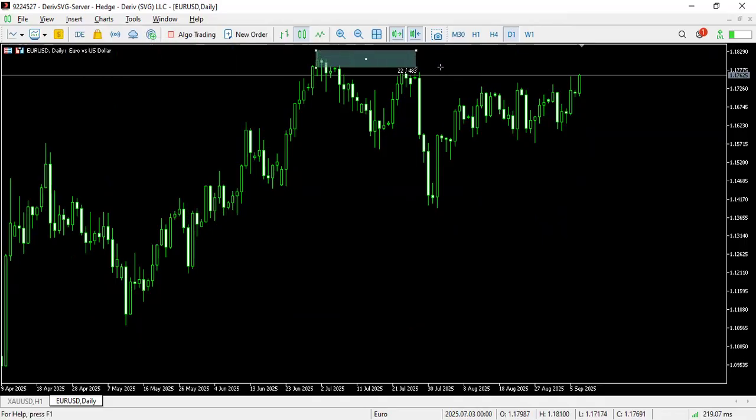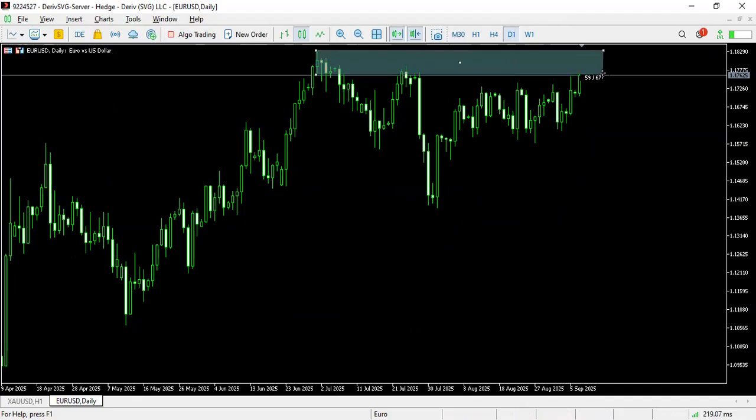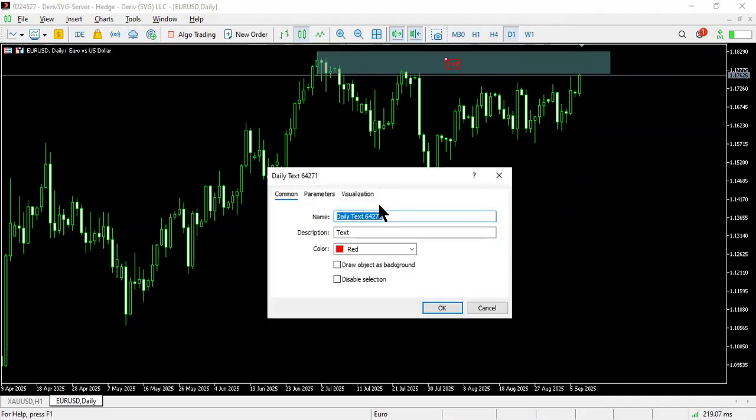We can mark our resistance. So from the daily, we can mark the resistance level.